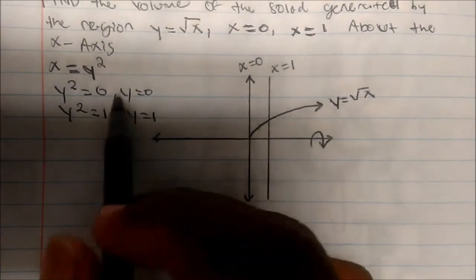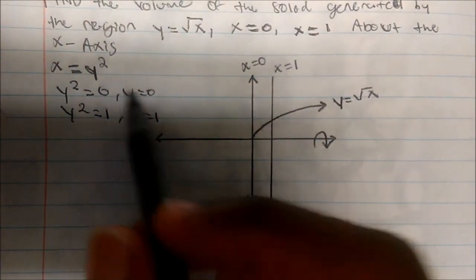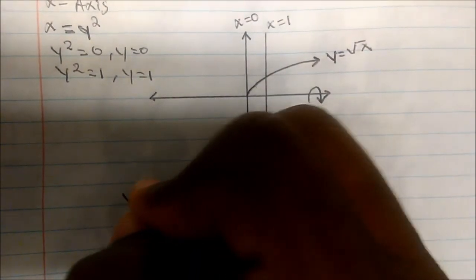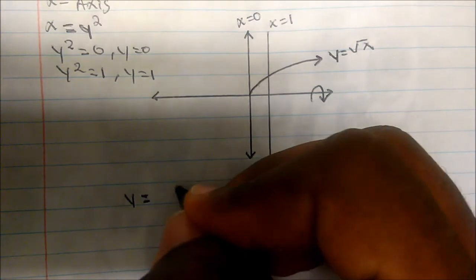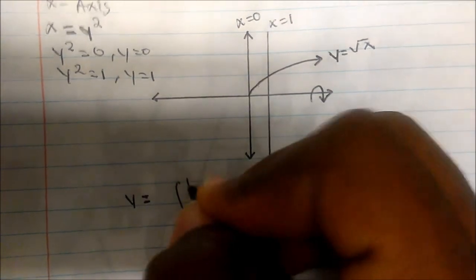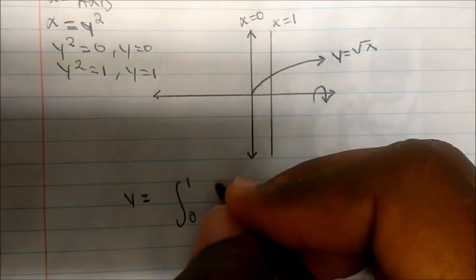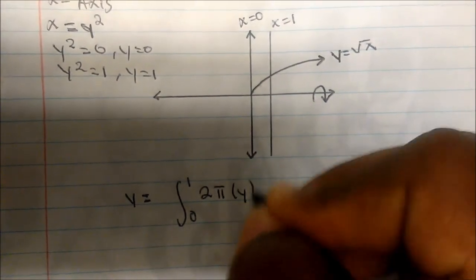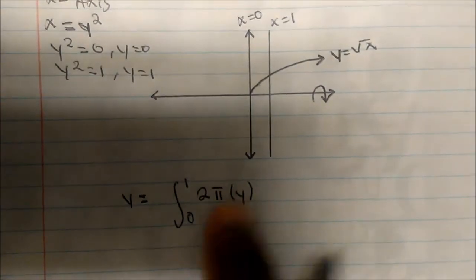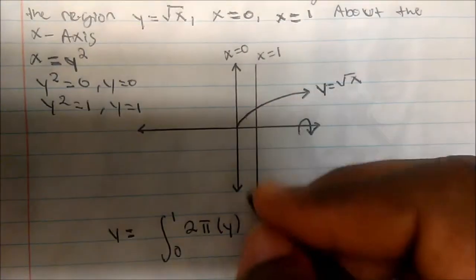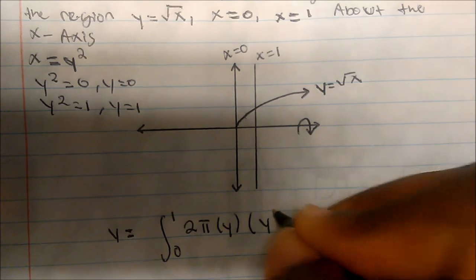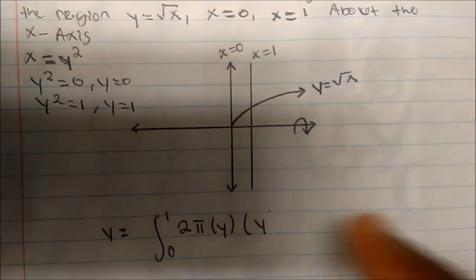So now that I have my limits of integration with respect to y and my function, I can just go ahead and plug in. The volume now will be given by the integral from 0 to 1 of 2 pi y. And what's my function? Well, gotta be very careful here.